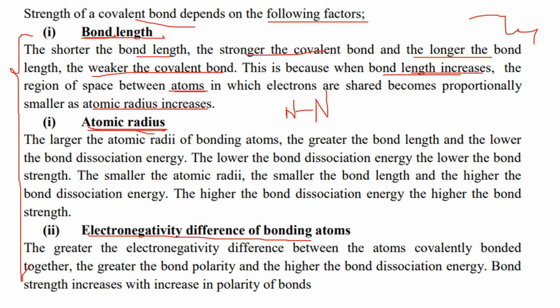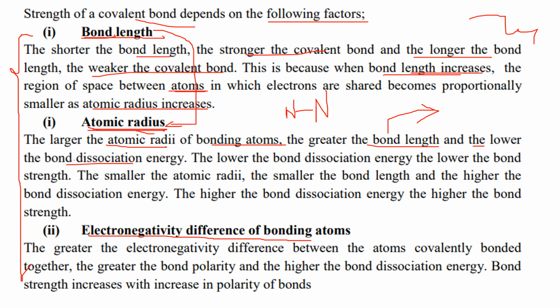Remember that for bond length to increase, atomic radius has to increase, so these two go together and have relatively the same explanations. We're going to say that the larger the atomic radii of the bonding atoms, the greater the bond length, and the lower the bond dissociation energy. The moment the bond gets longer, the weaker it becomes, and the shorter the bond length gets, the stronger it becomes.